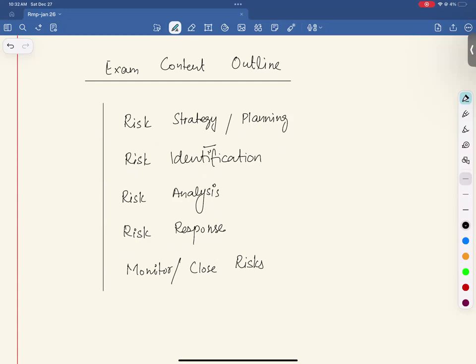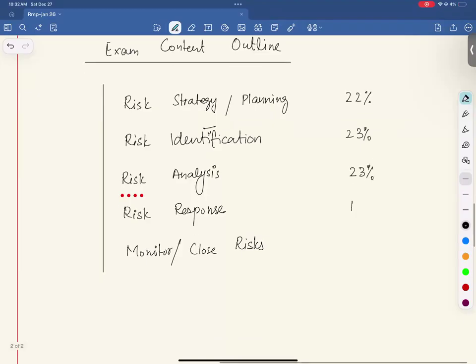If I talk about percentage, the first one, risk strategy and planning, is 22% of your exam, and we will be covering it today. Risk identification is 23% of the exam. We'll be talking about it tomorrow. Risk analysis, 23%, next Saturday. And on the last day of training, we will talk about risk response planning and monitor and close risk.